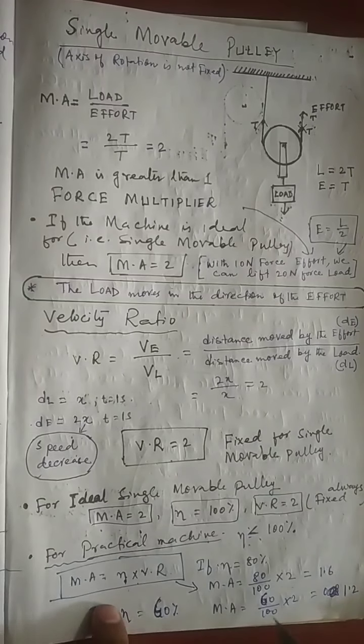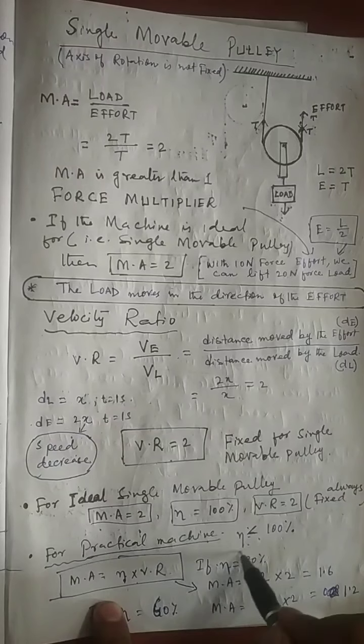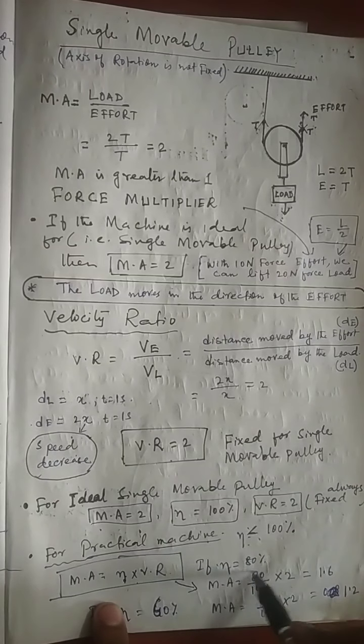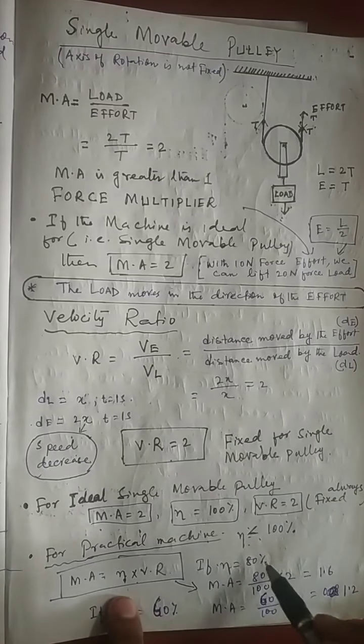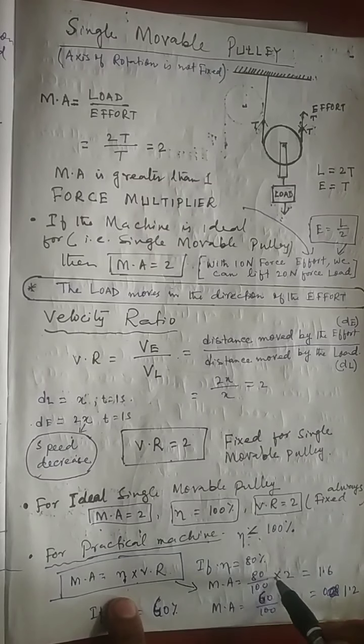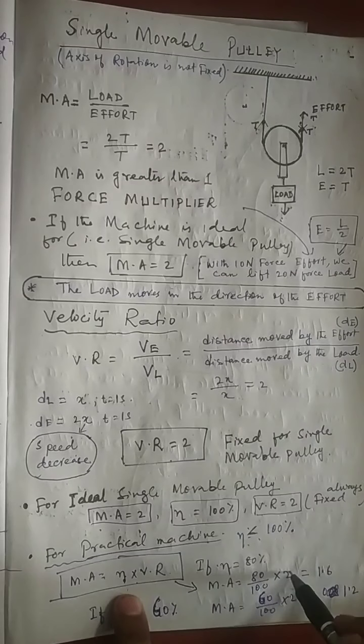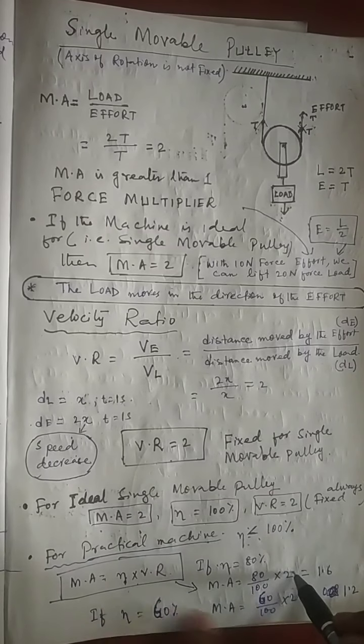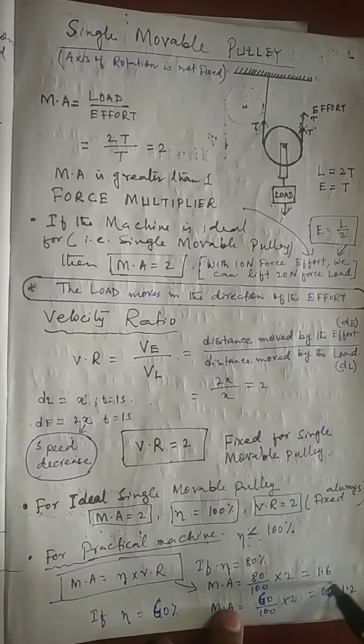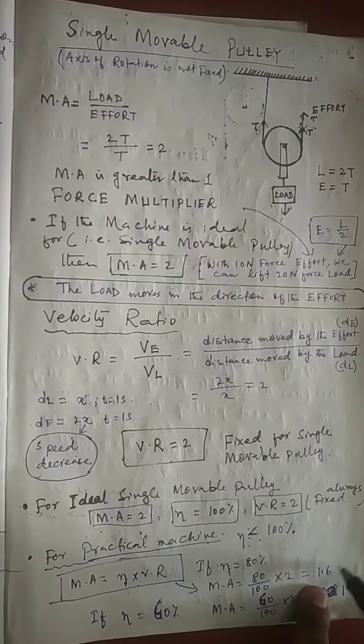For 80%, put eta equal to 80 by 100, and VR is fixed, so 80 by 100 into 2, by calculating we get 1.6. Look at this, this is less than 2.